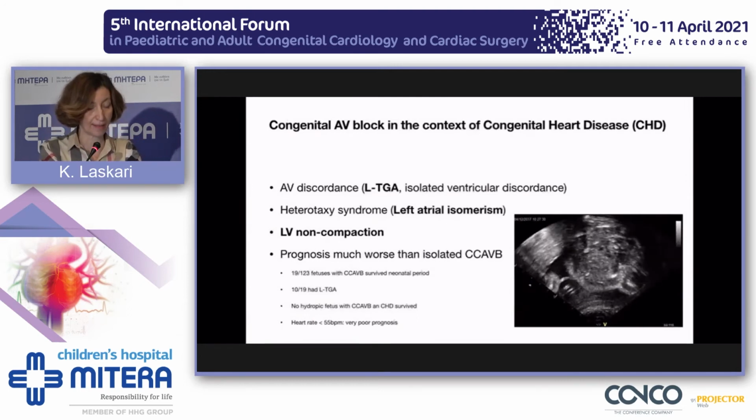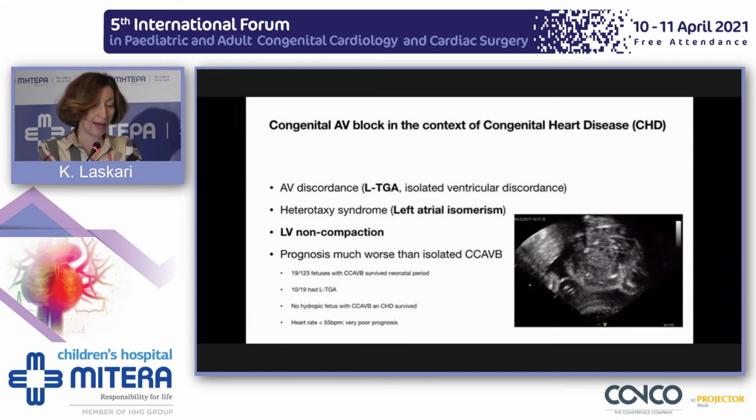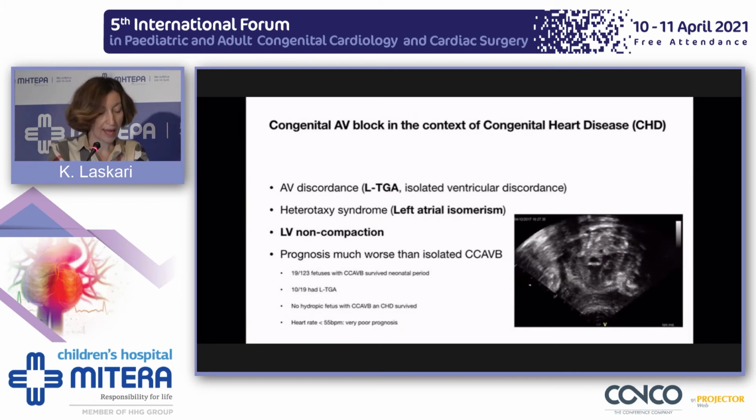Congenital AV block can also be found in the context of congenital heart disease, like in this case at the bottom, where you can see congenitally corrected transposition of the great arteries. It is called LTGA, and it can also be found in isolated ventricular discordance. Other causes are heterotaxy syndromes, especially left atrial isomerism, and left ventricular non-compaction.